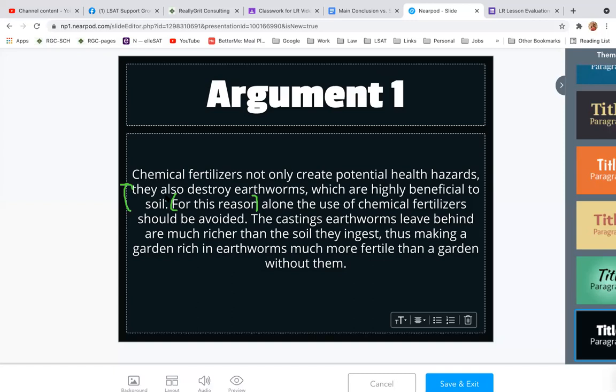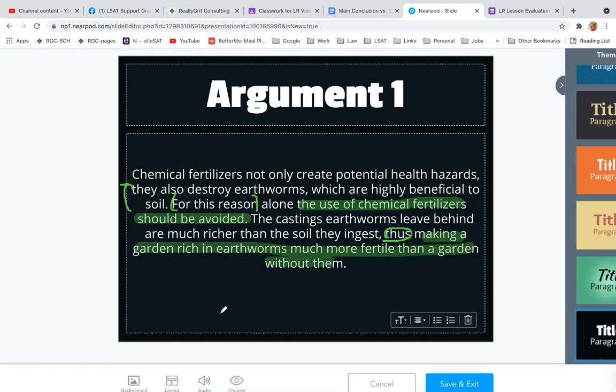Thus, and remember, this is a conclusion indicator word, making a garden rich in earthworms much more fertile than a garden without them. All right, so we have our two conclusions here. Our conclusions are that the use of chemical fertilizers should be avoided, and the other is making a garden rich in earthworms much more fertile than a garden without them.